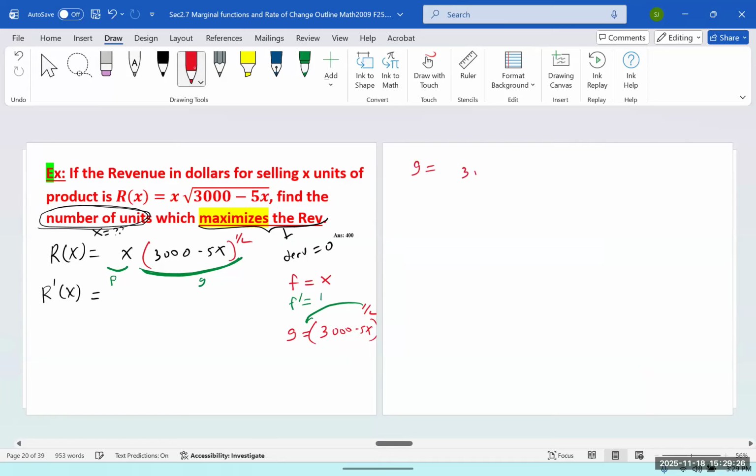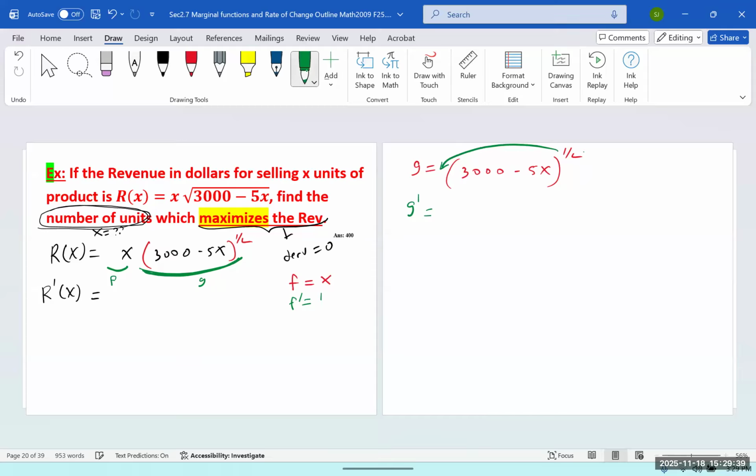Your G function is 3000 minus 5x to the 1/2. The G prime, this 1/2 comes down, 1/2 minus 1. That's the outer part. 1/2, and then 1/2 minus 1 is negative 1/2.